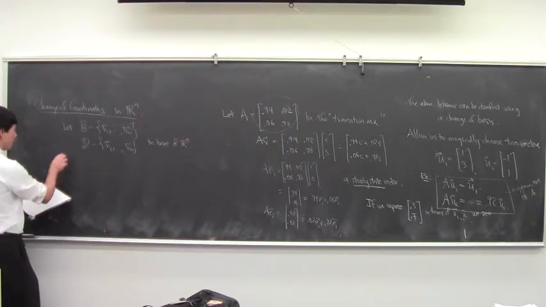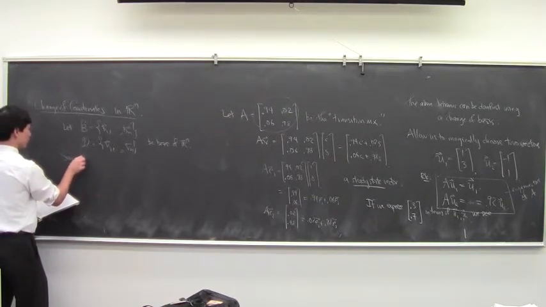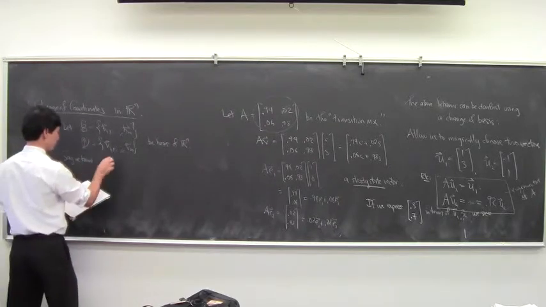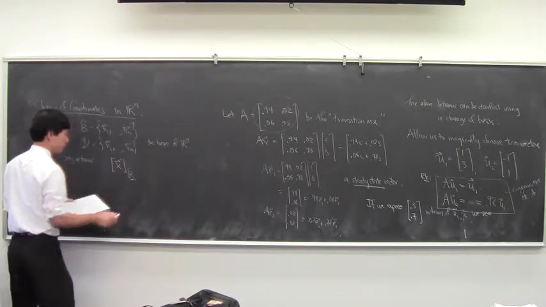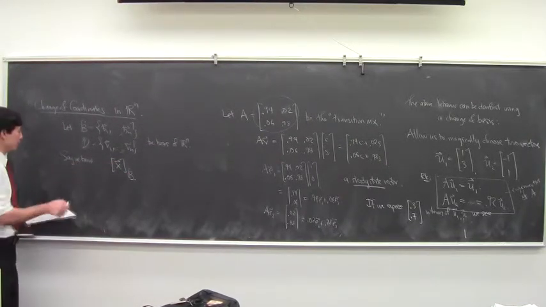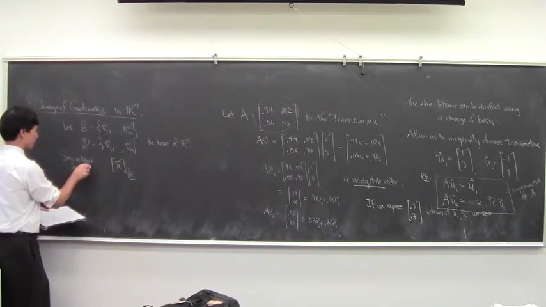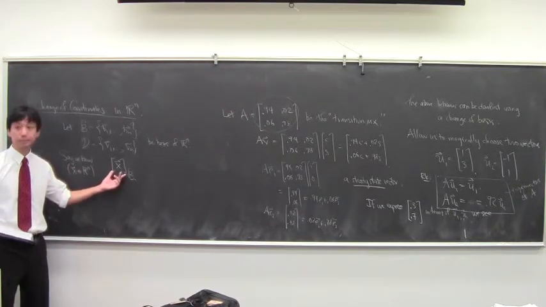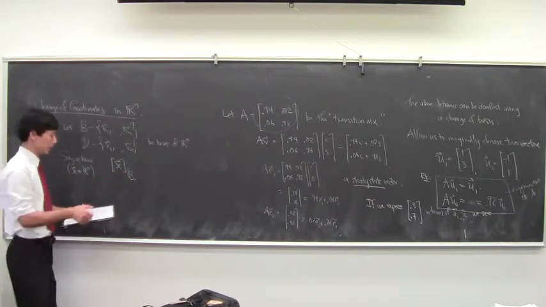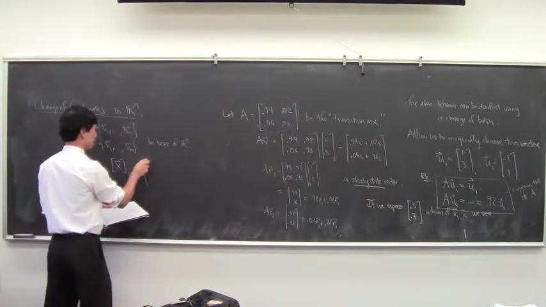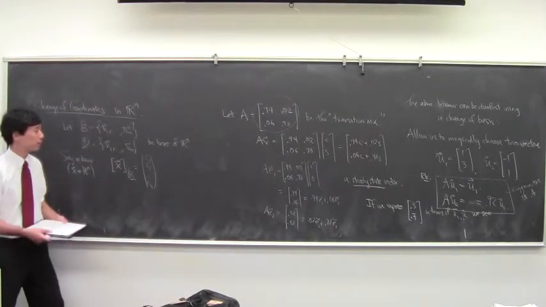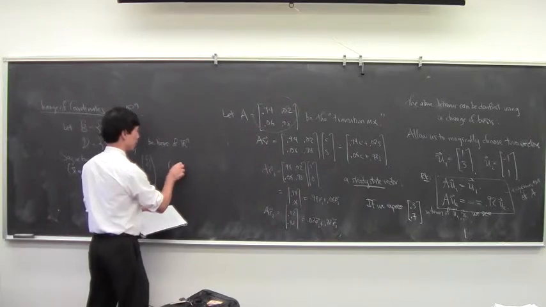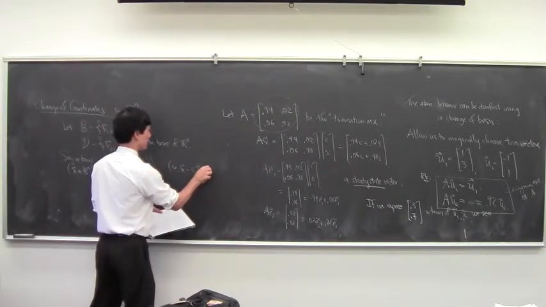Suppose we know the coordinate vector of some vector x, where x is in Rn. Suppose we know this, that it is something like c1, c2, through cn. That is, x equals c1 b1 plus through cn bn.